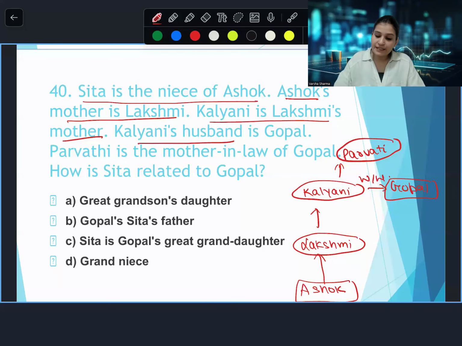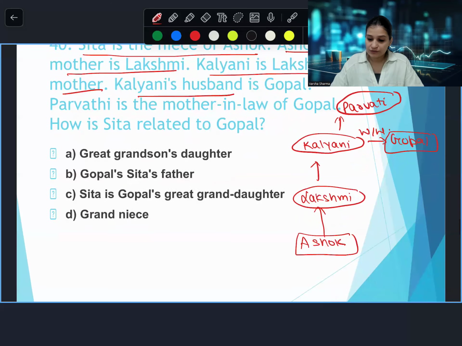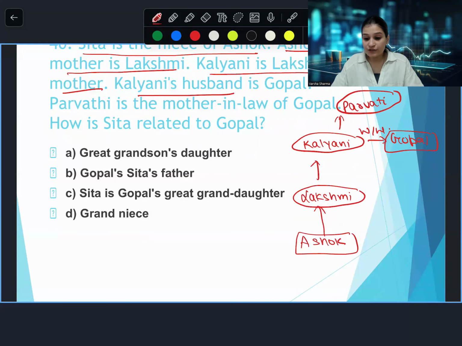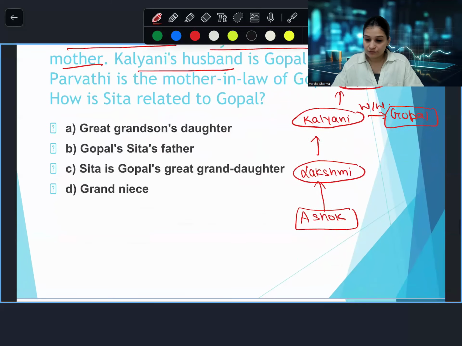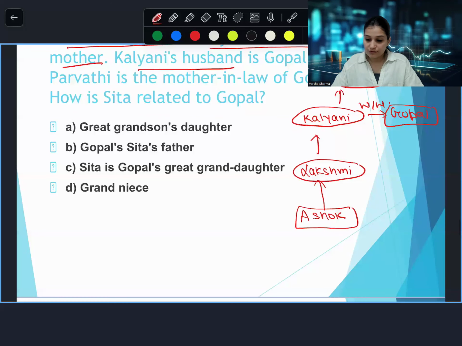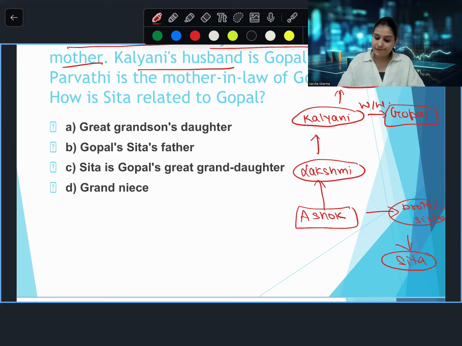Now, Sita is the niece of Ashok, so someone's brother or sister's daughter. How many generations is Sita related to Gopal? 4 generations.